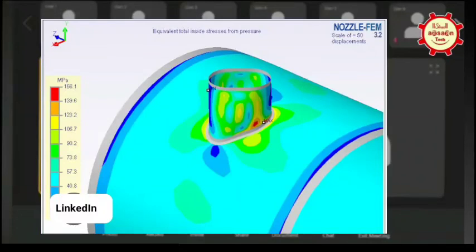FEA is doing the calculation at the chunk level. Normally we are doing stress by strain, but FEA applies the stress to a very micro level structure, so you get the stress in every layer. Sometimes you find all layers are passing and only at some layer is the stress very high, so it reduces the overall thickness. Suppose the thickness is coming 100 mm in some material.